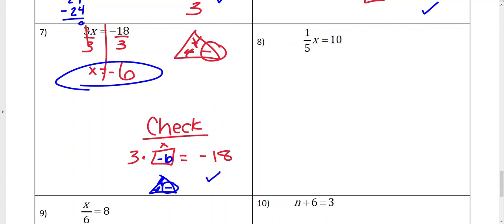Number 8 is probably the trickiest one on the whole page, and this is the one where you need to do the multiplicative inverse, or kind of like our keep, switch, flip that we did for dividing fractions.